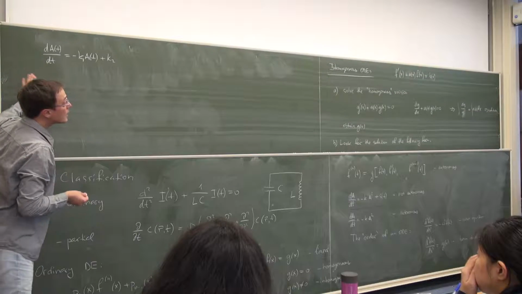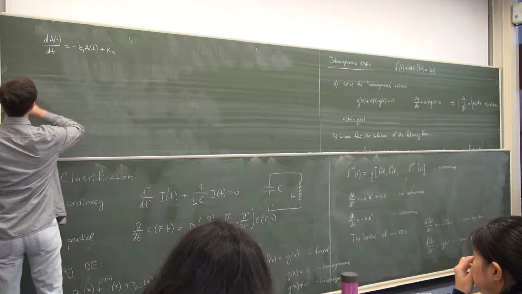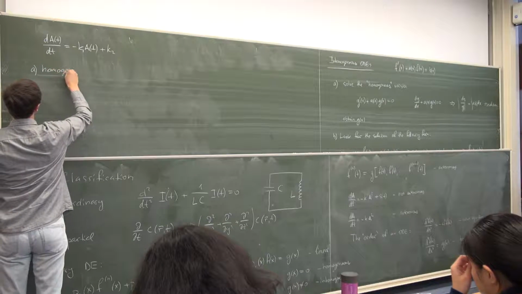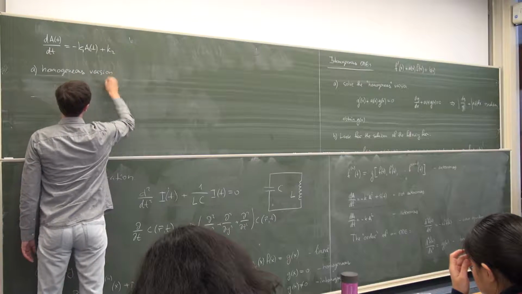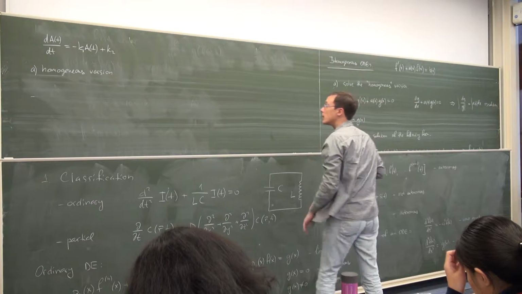Okay, let us solve the homogeneous version. So we will have another equation, A homogeneous. Let's use the same variable g as we were using in here.